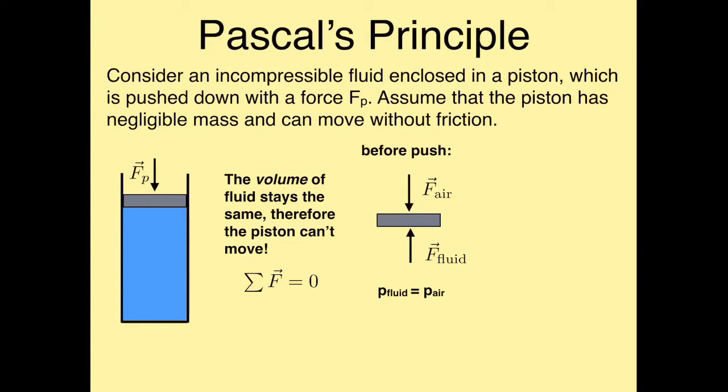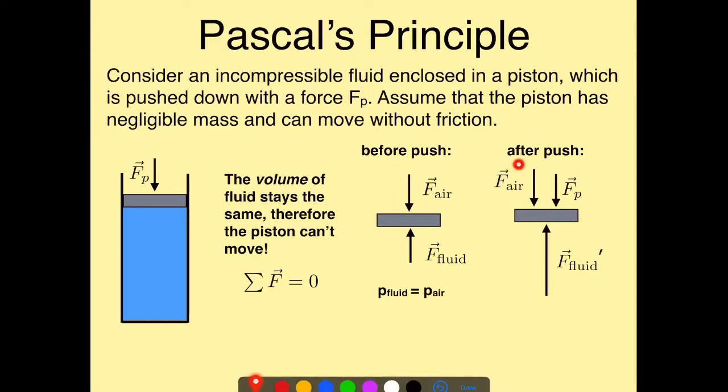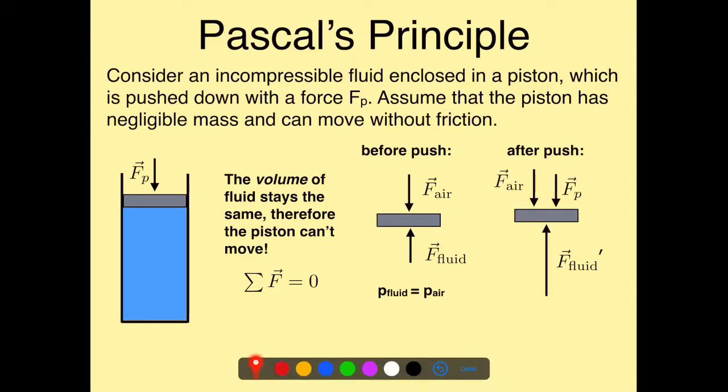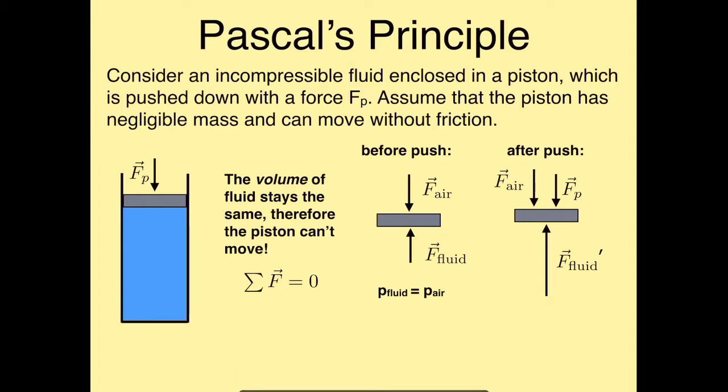Now, after the push, we have an additional force going down. Of course, we still have the force of the air pushing down with the same force as before. Now we have Fp also pushing down, and then we have F fluid pushing up, but I'll call this F fluid prime because as it turns out, this is going to be a larger force than before. I need the force of the fluid to counteract these two downward forces, and so I've increased the overall downward force.